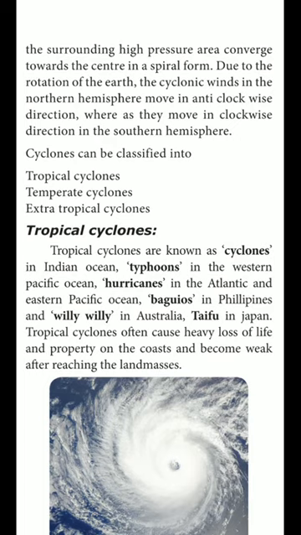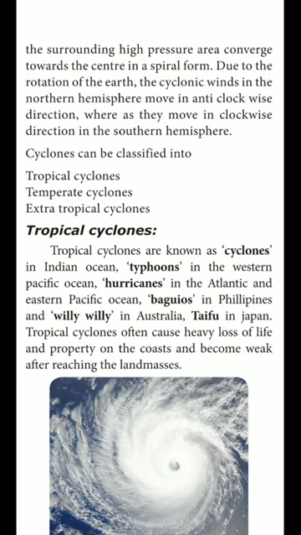In the Indian Ocean, it is named cyclone. In the Western Pacific Ocean, it is named typhoons. In the Atlantic and Eastern Pacific Ocean, it is named hurricanes. In the Philippines, it is named bagyos. In Australia, it is named Willy Willy. And in Japan, it is named typhoon.